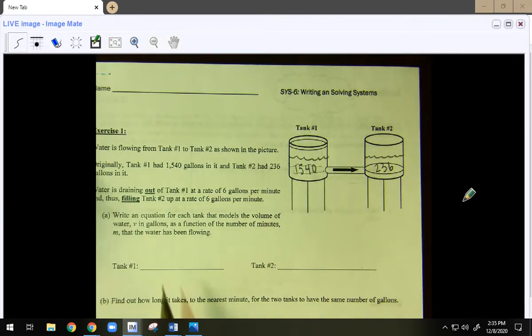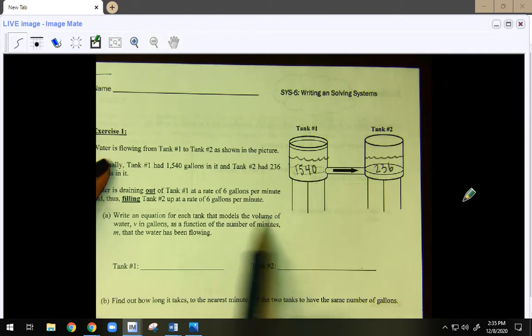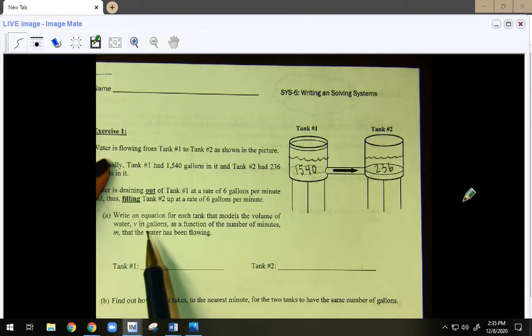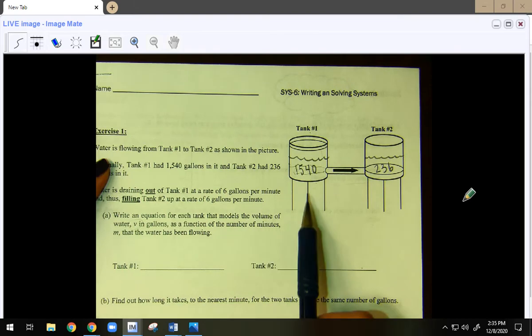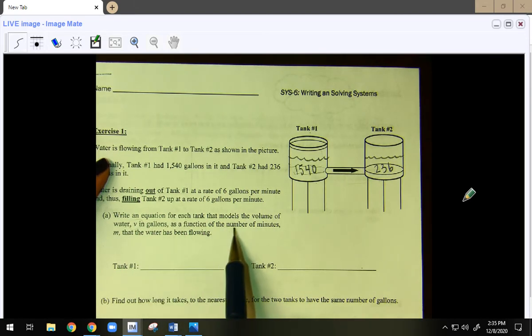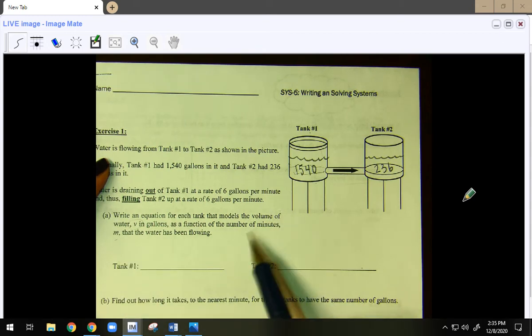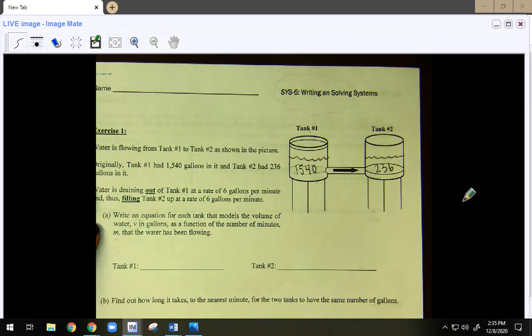Okay, so part A says write an equation for each tank that models the volume of water in V. The volume in each tank is going to equal something in gallons as a function of the number of minutes. So after how many minutes, how much water is in the tank is going to be changing.